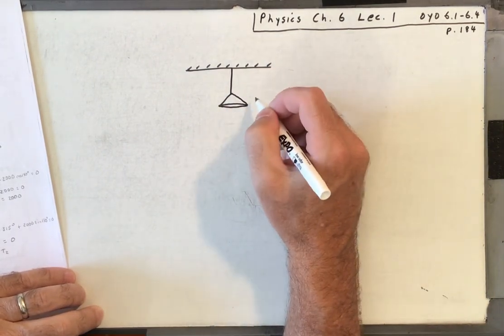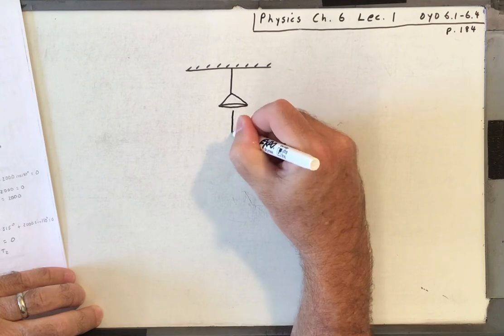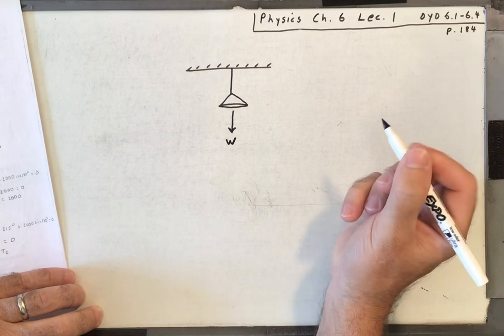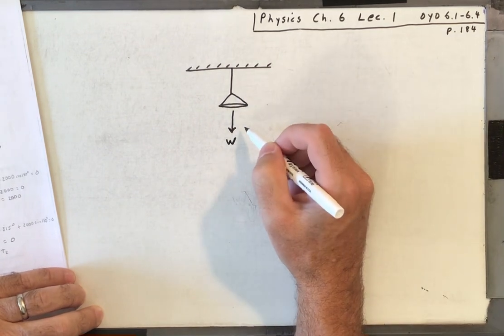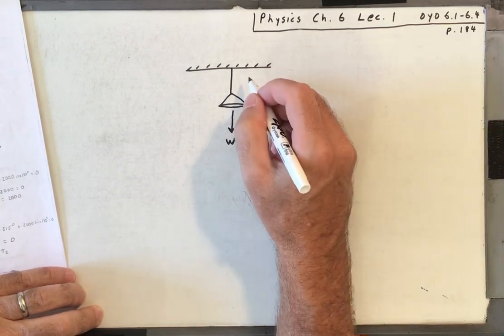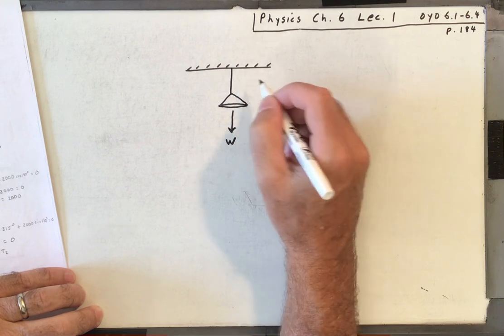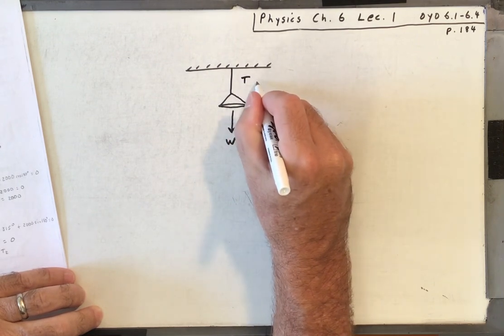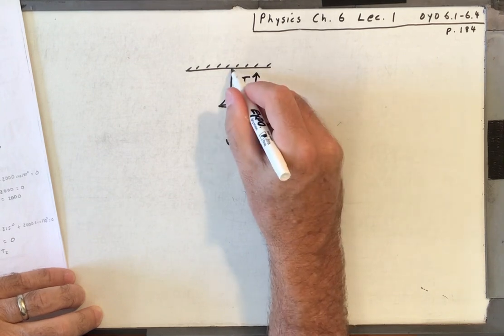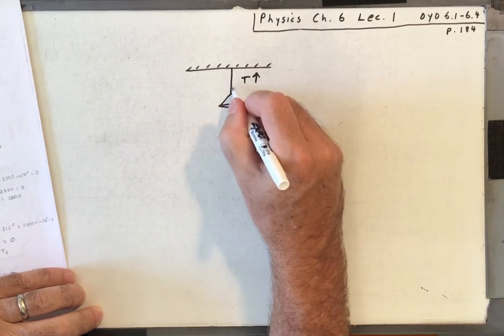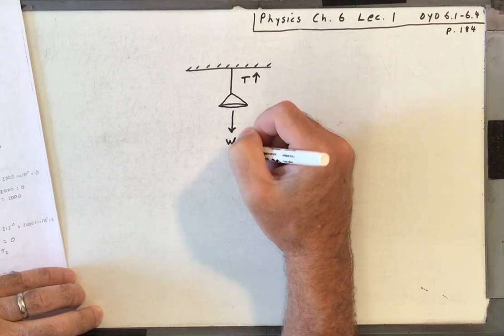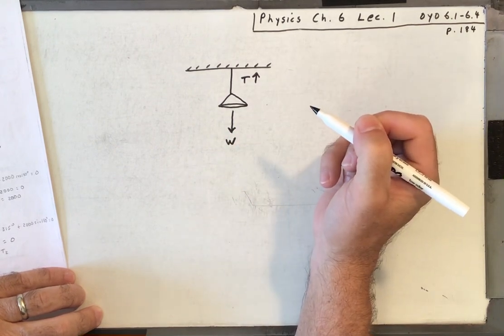Now, the weight, to do kind of a free body diagram, is going in the downward direction. So the force directed away from the object would be tension. Okay, so there's tension in this supporting chain that keeps the light fixture from falling to the floor.